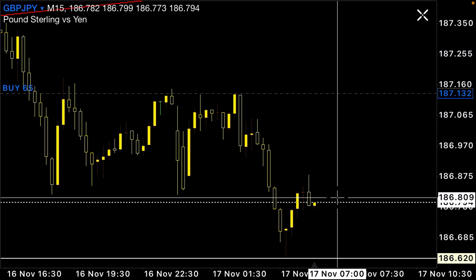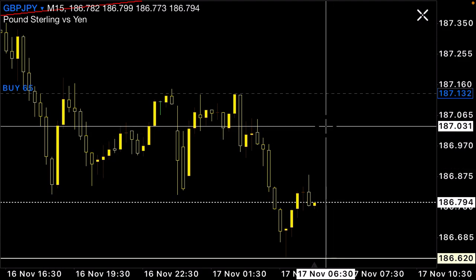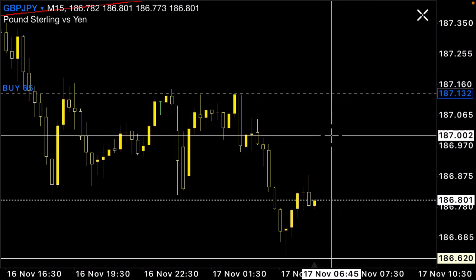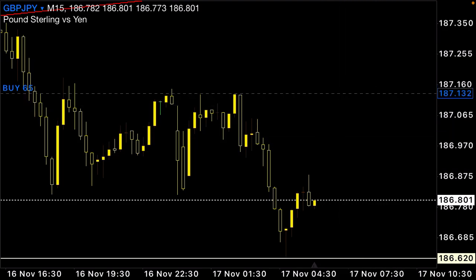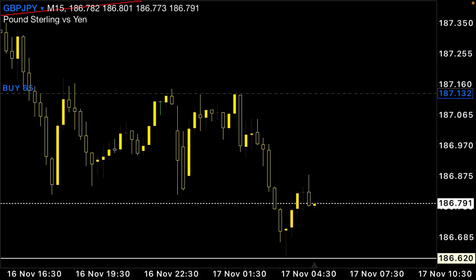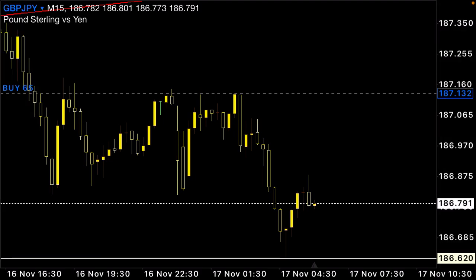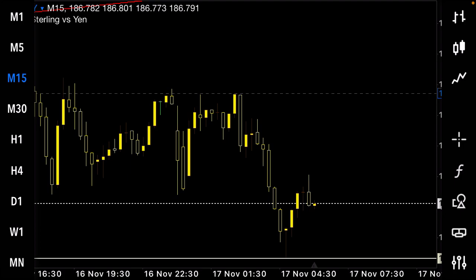Once again, at the top right hand of the screen, there's a white X, and if I tap on that, it'll cause the crosshair, it's called the crosshair, to disappear. And if I want to get the crosshair back, I tap on the screen over where the numbers are on the right hand side, and there's the crosshair in the middle of the screen all the way to the right.